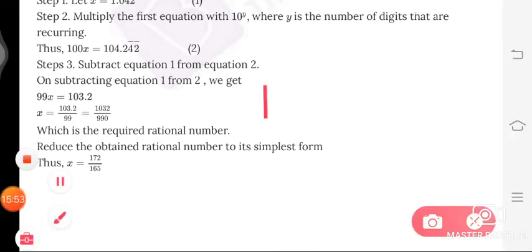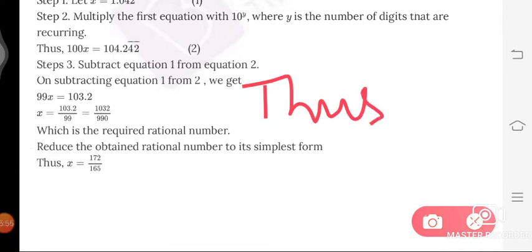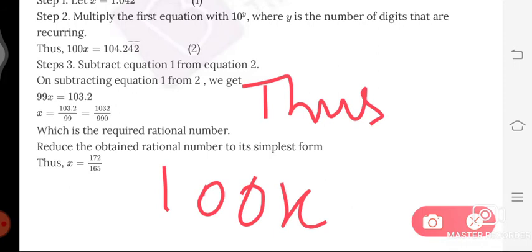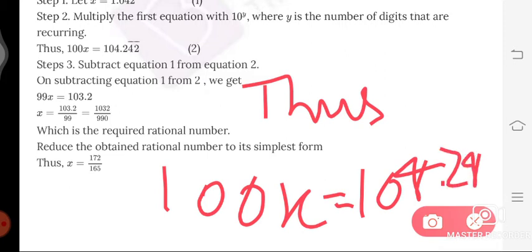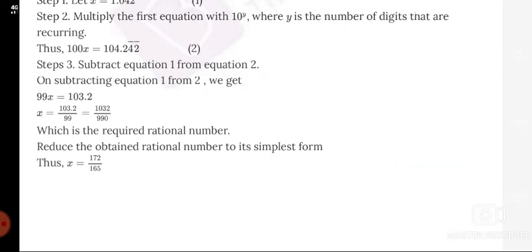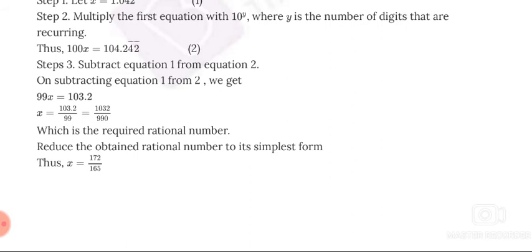Thus 100x is equal to 104.242. This is equation 2.